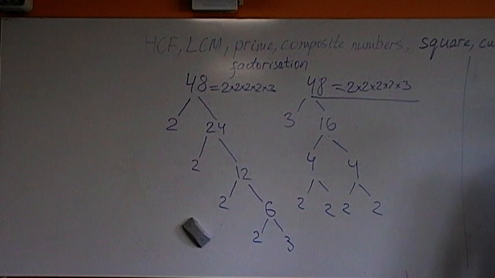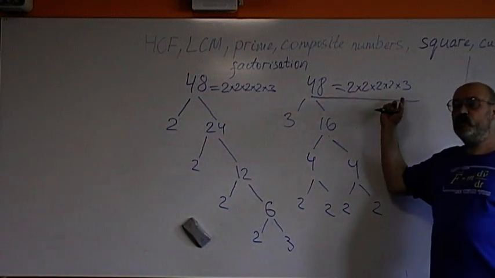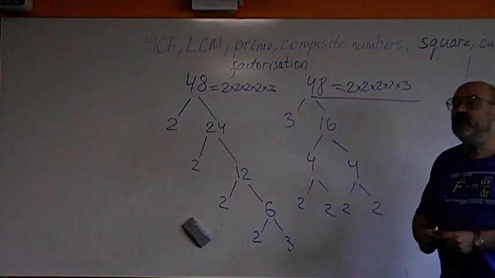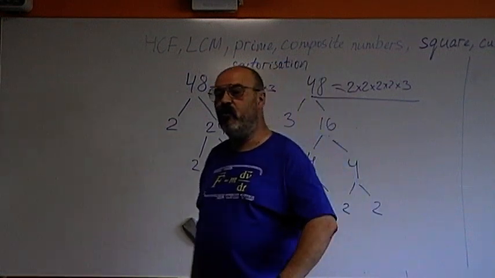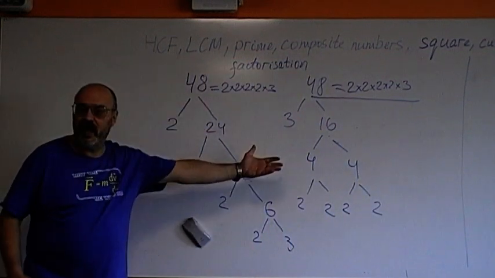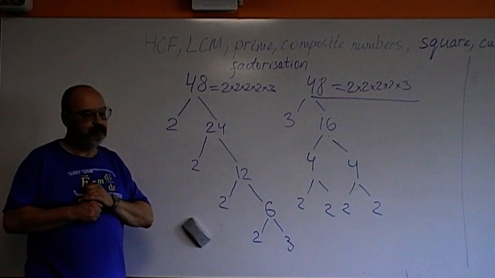We found prime factors, they're all prime numbers. There's no composite number. So if the question is find prime factors of the number, what you need to do is make a factor tree.